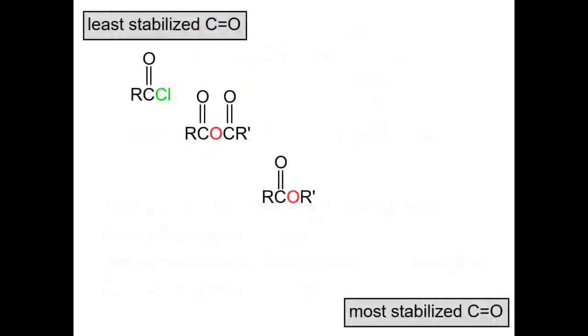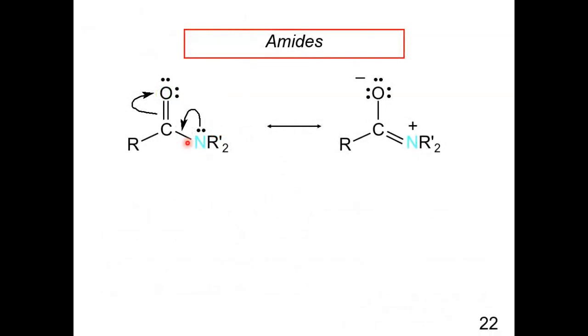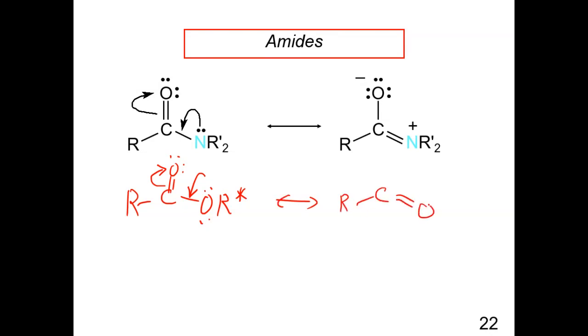Now you look at amide. Amide I already explained earlier. The only major difference, not the only difference, between ester and amide is that in the stabilized form, amide has the C=N double bond, but in ester you have a C=O double bond.